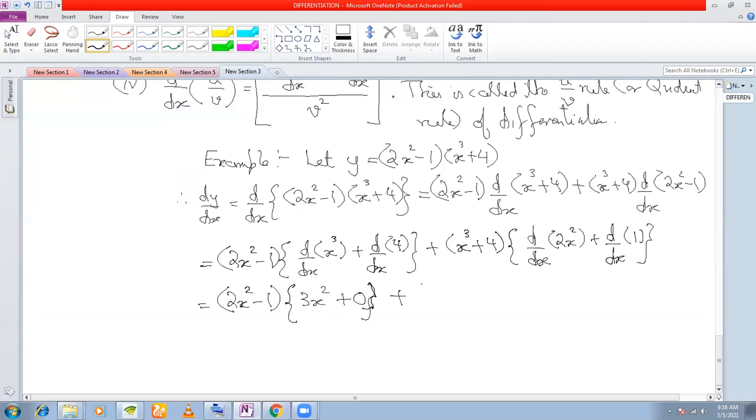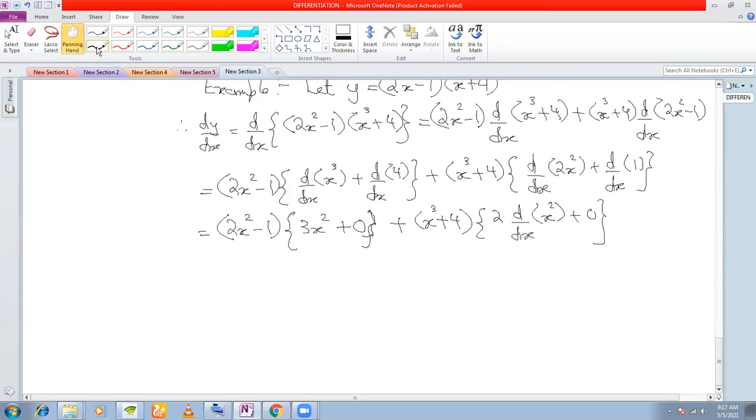Plus x cube plus 4 into the d/dx of 2x square. You take 2 out of the differentiation, 2 d/dx of x square, and this is 0. This is equal to 3x square into 2x square minus 1 plus x cube plus 4.